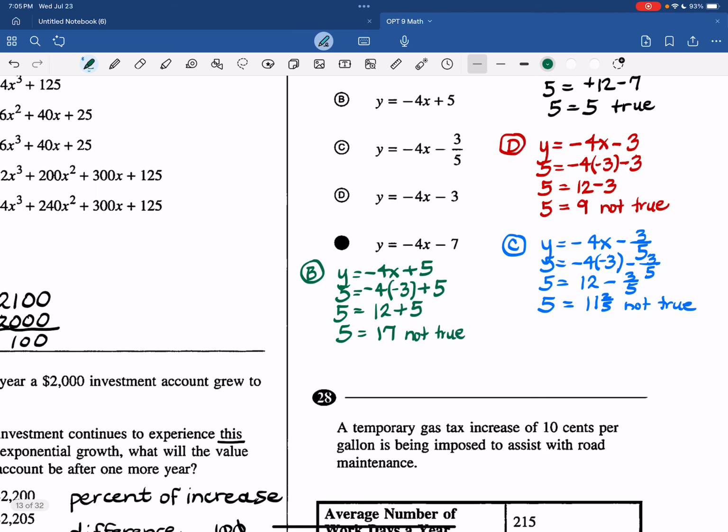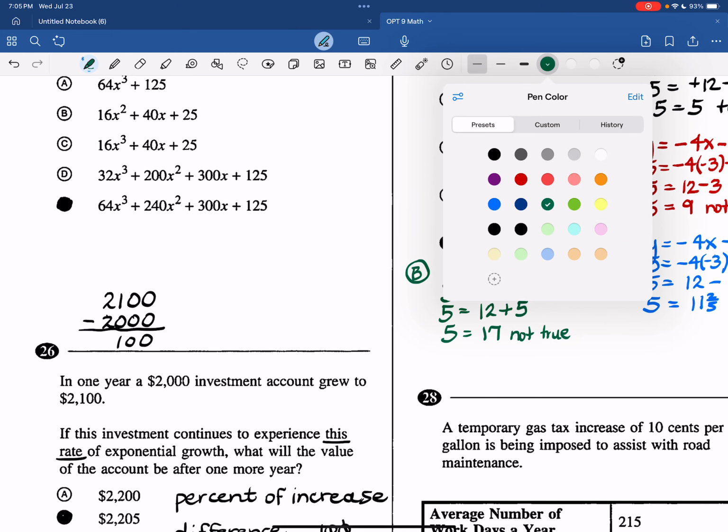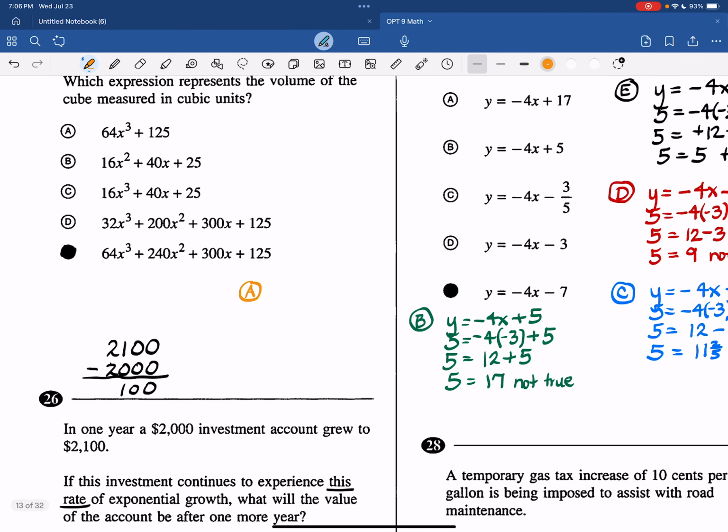And let me try to squeeze in A right over here. Since we're finished with that other side, let me do an orange one. So A is y equals -4x added to 17.